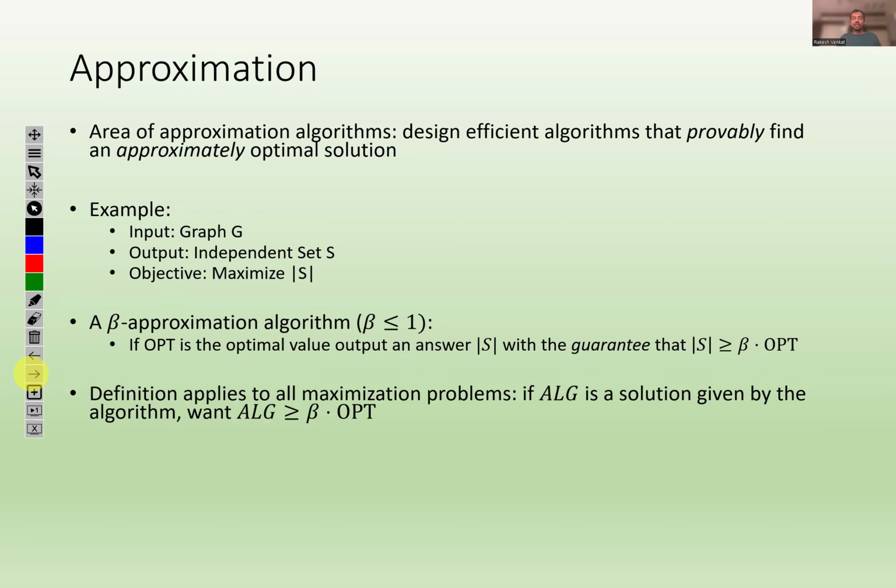For any other maximization problem, using standard notation in the algorithms community, if ALG is the solution given by the algorithm, we demand the provable guarantee that ALG is greater than or equal to beta times OPT. For instance, a half approximation algorithm for independent set would output a set whose size is at least half the optimal set size.